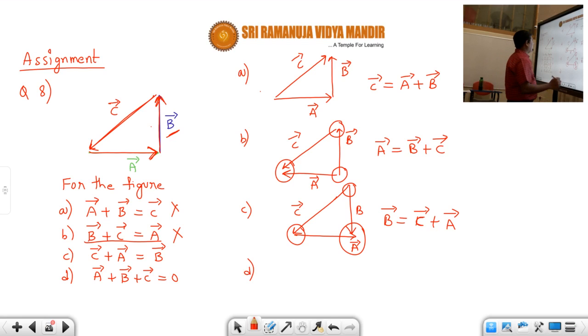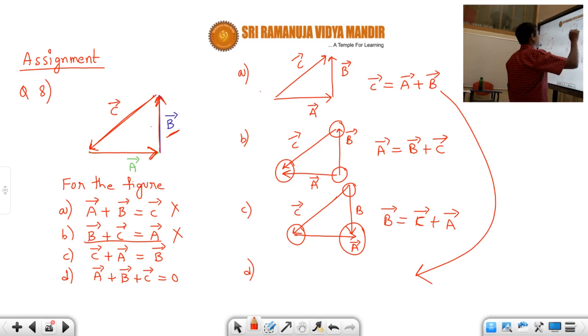Now actually in the given diagram, if it was like this, according to the first relation I just drew here, C bar is equal to A bar plus B bar. When you add A bar to B bar, then C bar will be like this. But what they have given is the opposite direction, as you can see in the question. So this is nothing but minus C bar, because it is a negative vector.